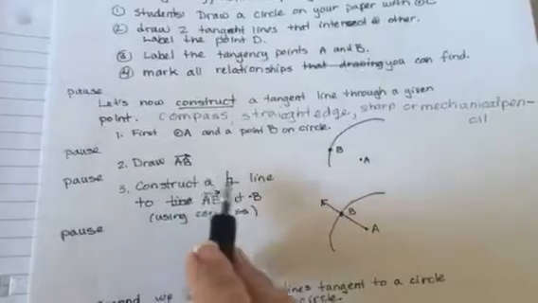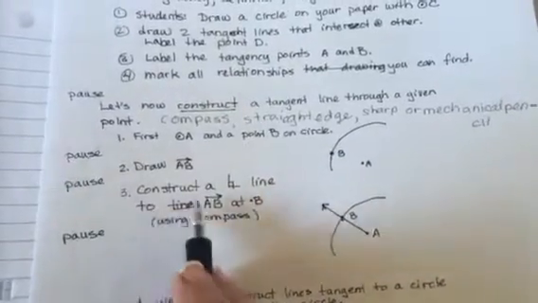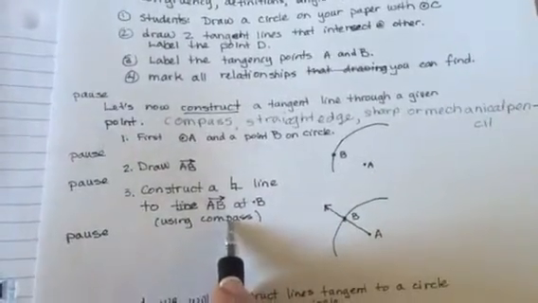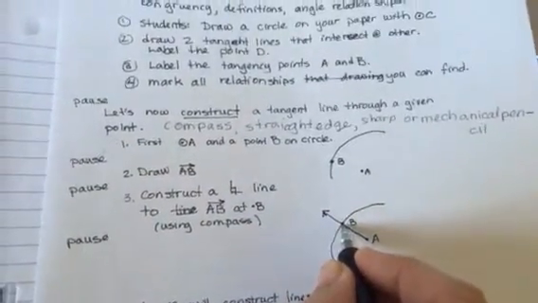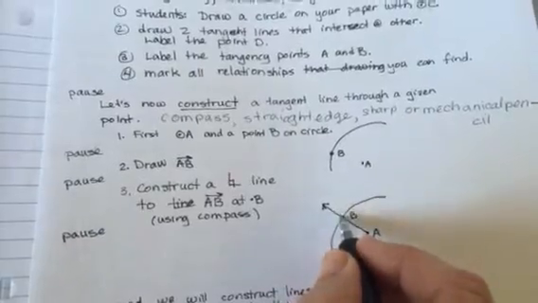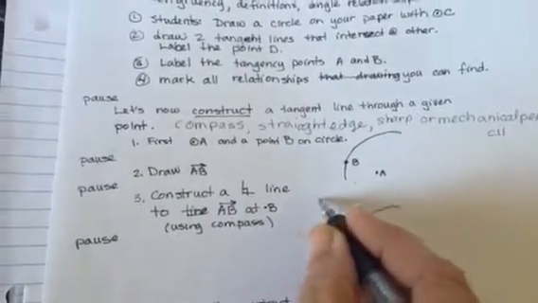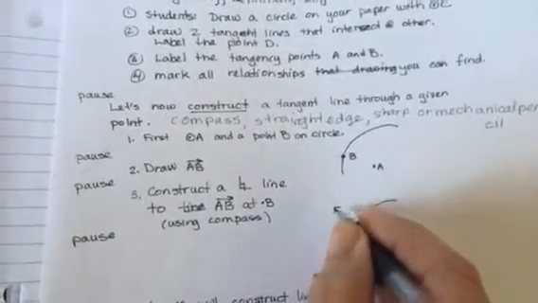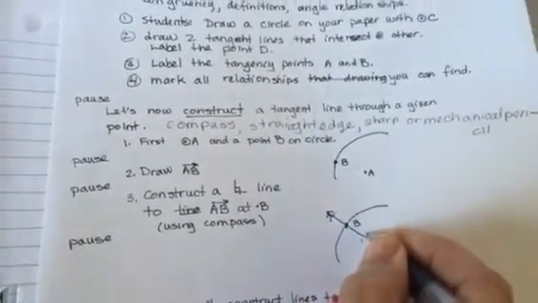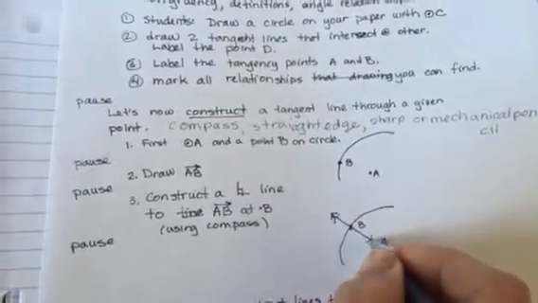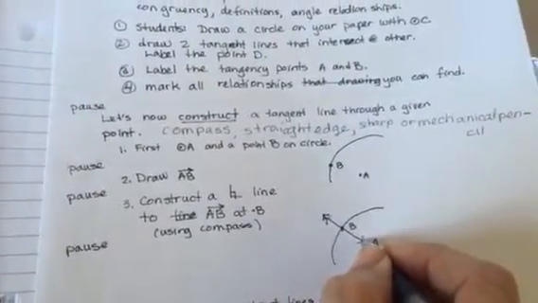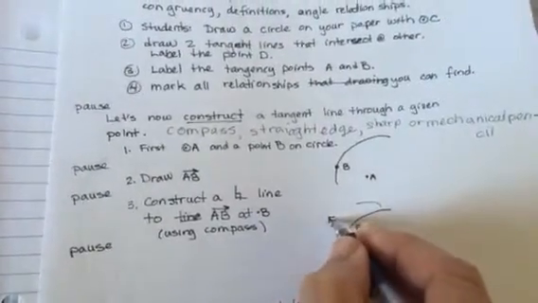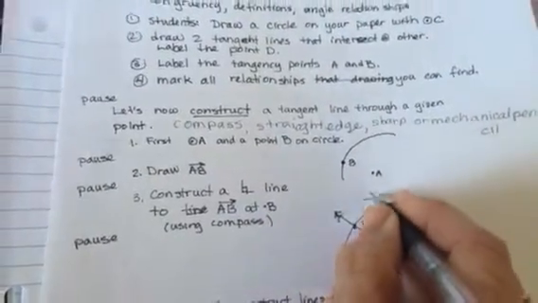Now we need to construct a perpendicular line to ray AB at B using our compass. This is hopefully a review that you've practiced. This ray can be longer so that you can go equidistant from B. Put your compass metal point here, come up here, construct an arc, put your compass metal point here, come up here, construct an arc.